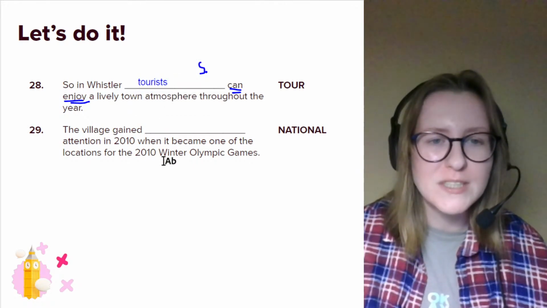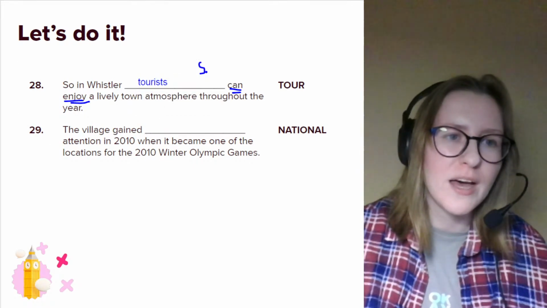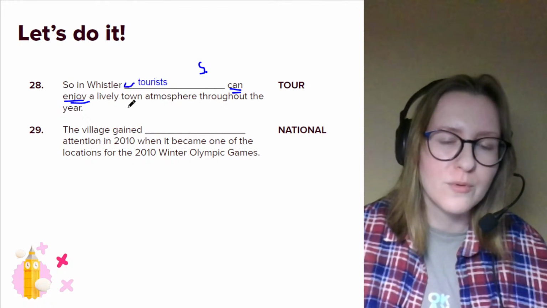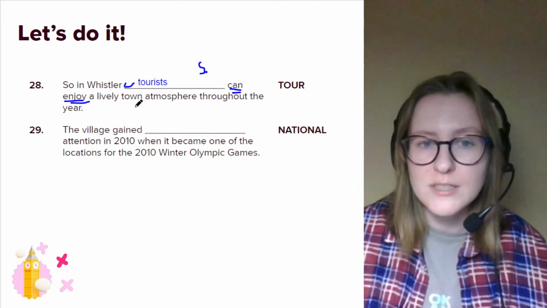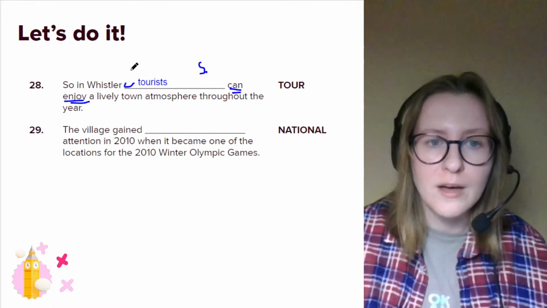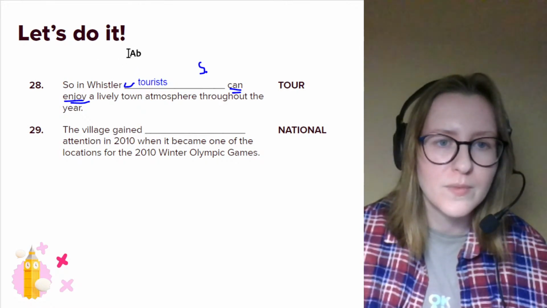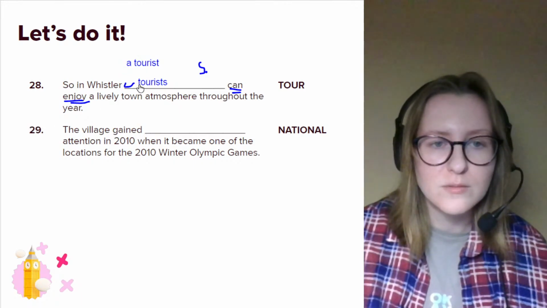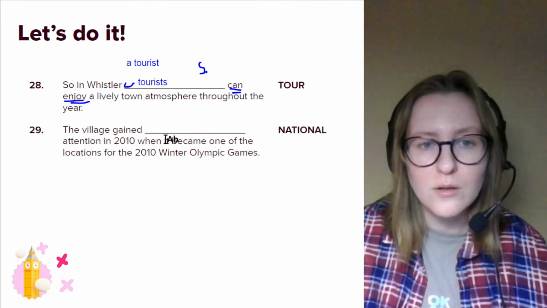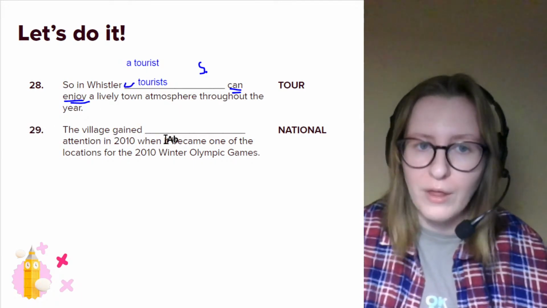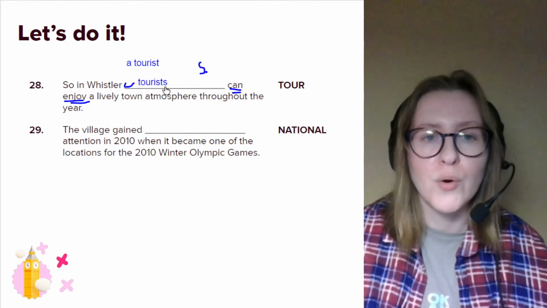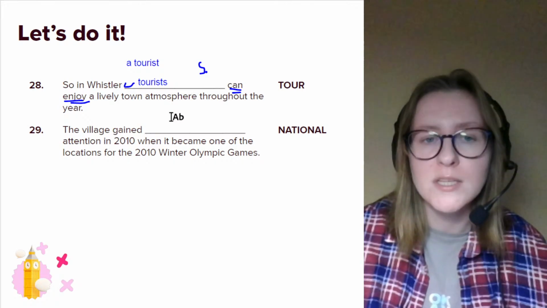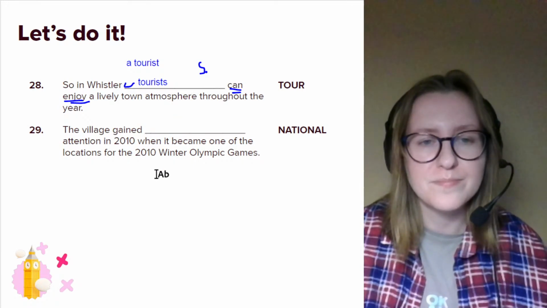And of course we need tourists. Why? Because we don't have an article before our gap, right? If we wanted a singular noun here, we would have a tourist, right? But no article, a singular countable noun cannot stand without an article a, so we need a plural noun. Plural countable nouns can stand alone.